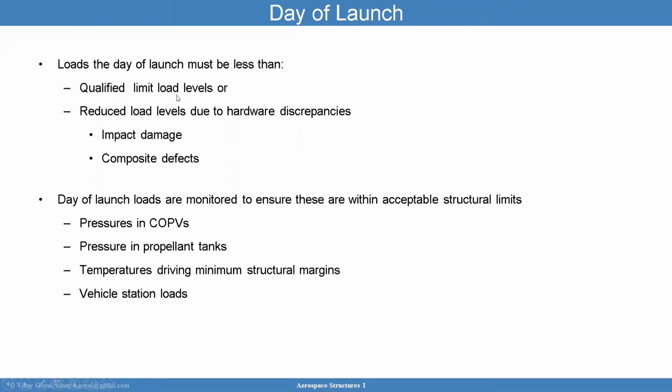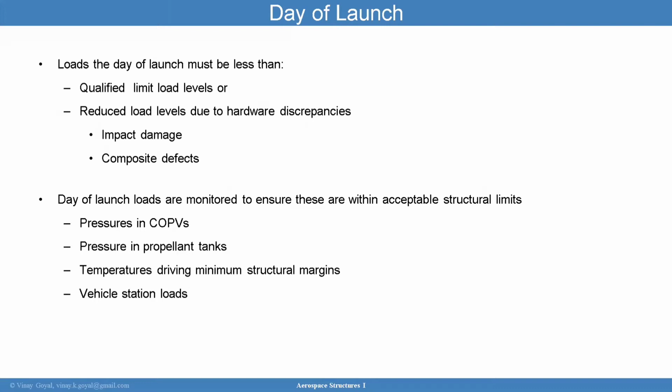So the loads that they'll launch must be less than the qualified limit loads. So anytime you launch a vehicle, you want to make sure you're within the qualified limit loads. You may have to apply reduced load levels that they'll launch because maybe there's hardware discrepancies like impact damage or composite defects.